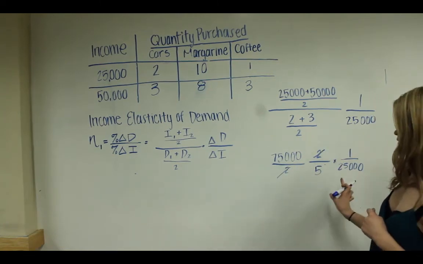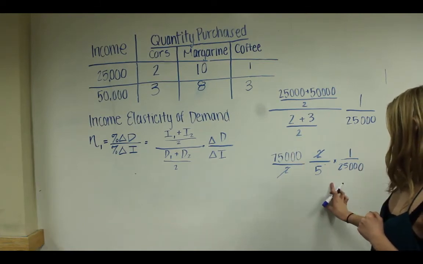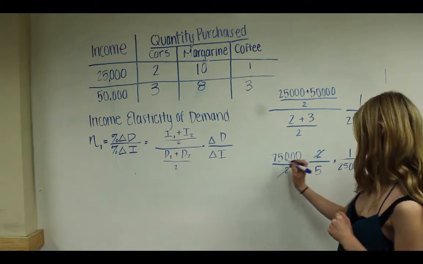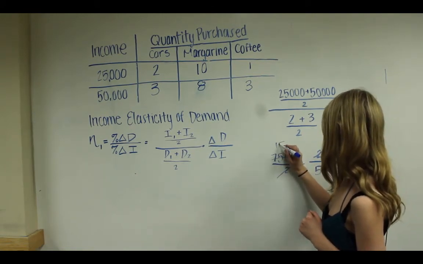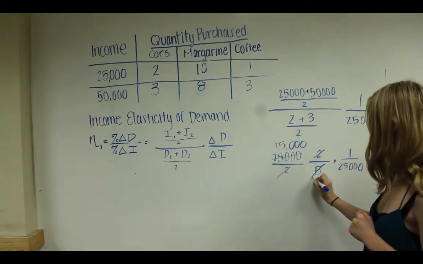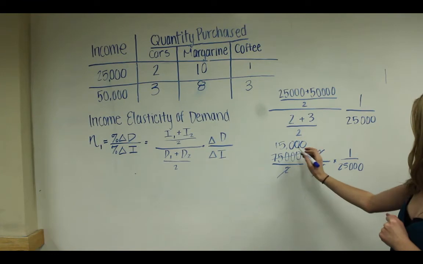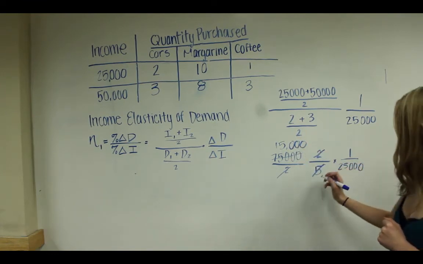And then 5 goes into 75,000 15,000 times. And so we have 15,000 times 1 over 25,000.